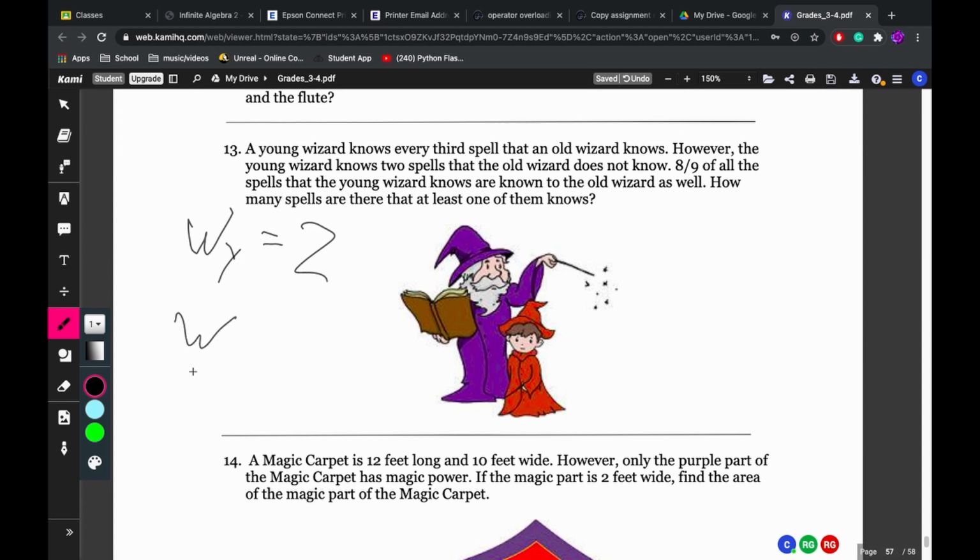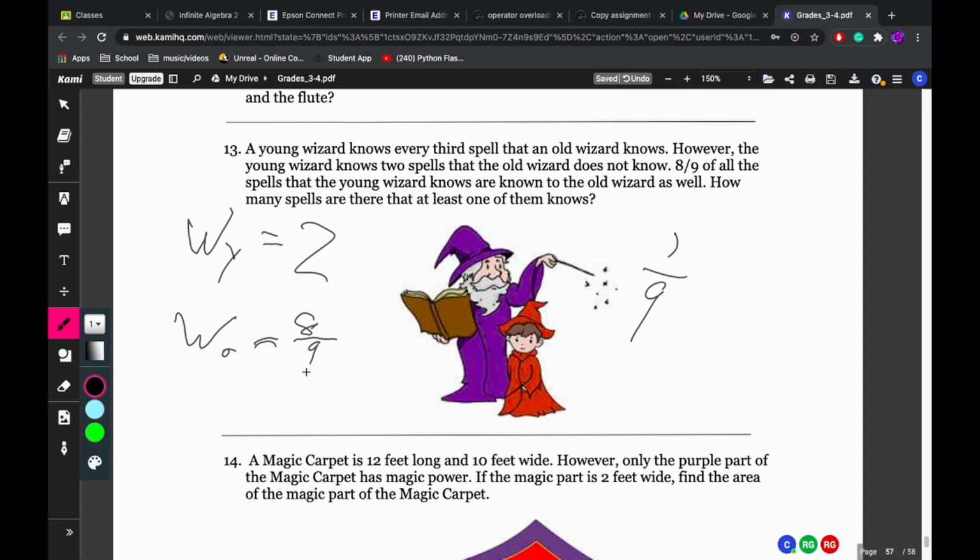So wizard old knows 8 by 9. But here, there's 1 by 9th remaining. And so only 8 by 9th of all the spells that the young wizard knows are known to the old wizard as well. How many spells are there that at least one of them knows?